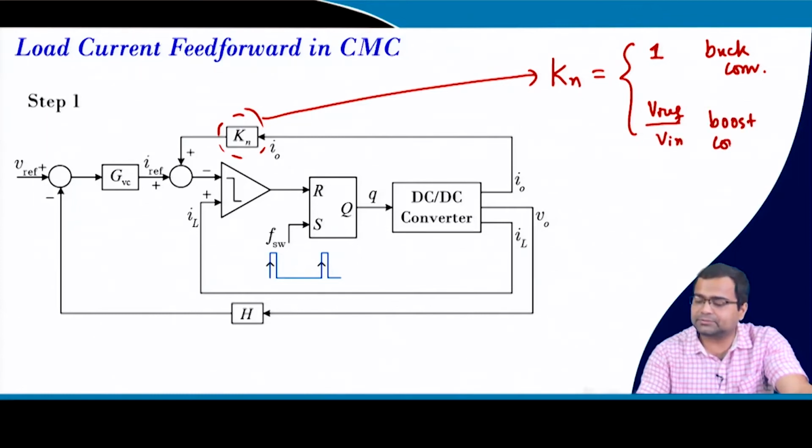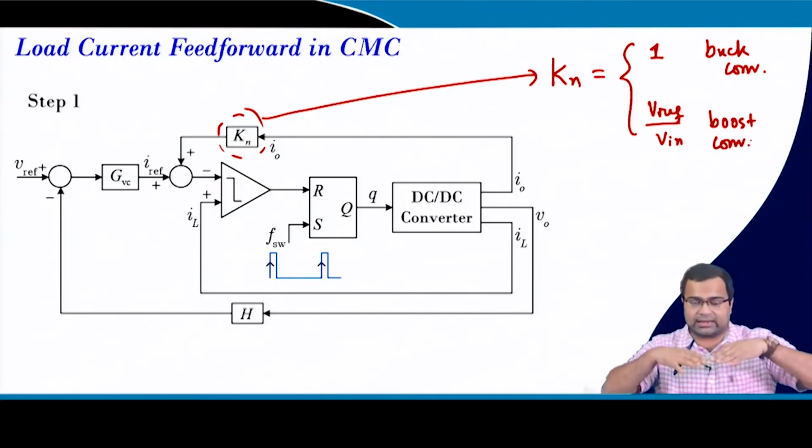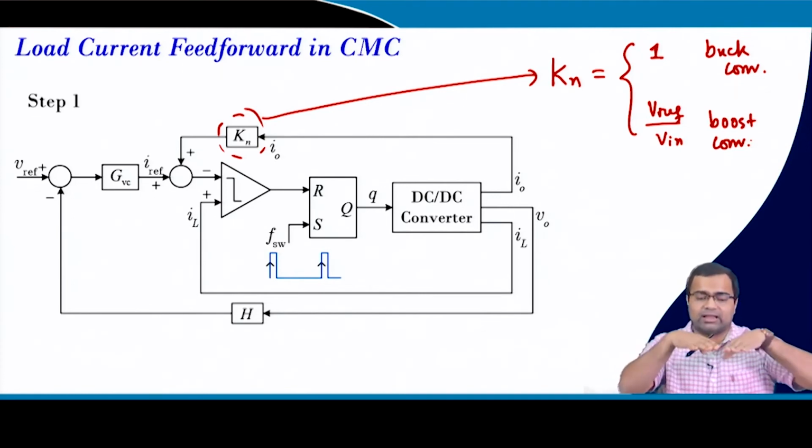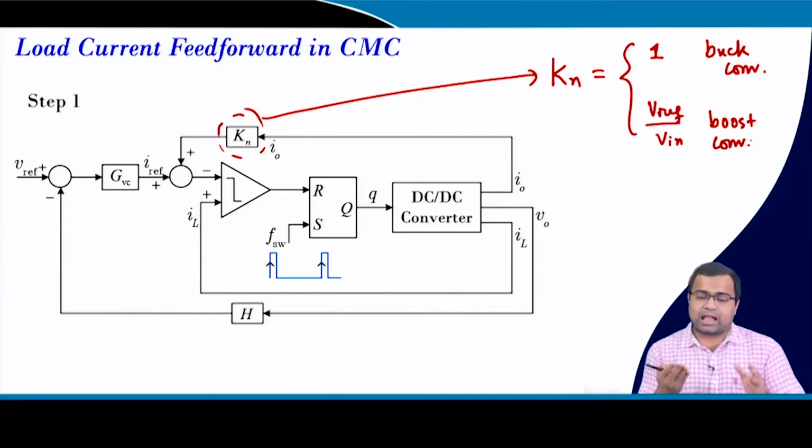This gain is used to scale the load current to the same normalized ratio of the average inductor current.